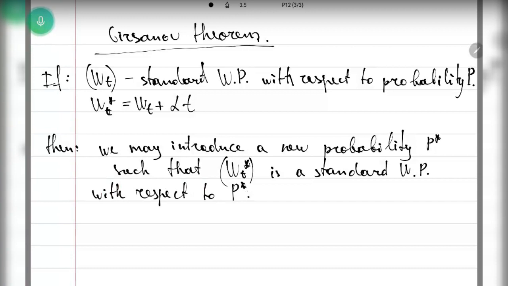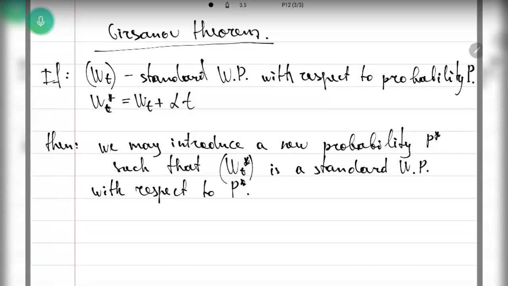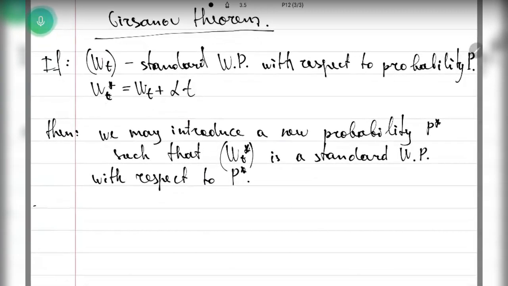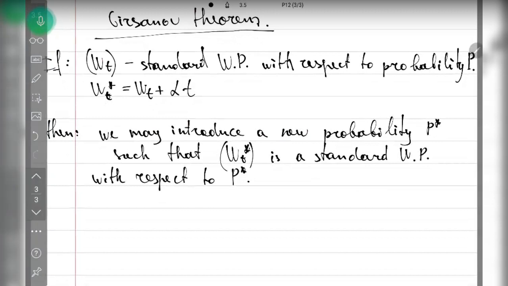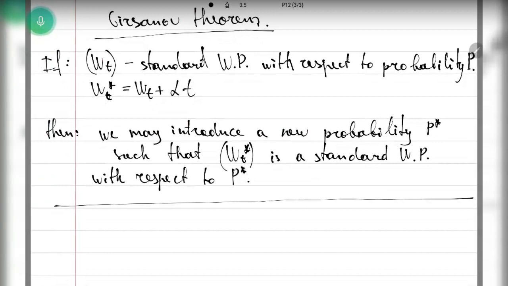That's a little bit strange. What does it mean? Because normally when you study probability theory, you have only one probability. And when you calculate probability of some events or some expected value, you don't specify, you have only one probability. But in this Girsanov theorem, the level of abstraction is a little bit higher. So in this theorem, you have two different probabilities.